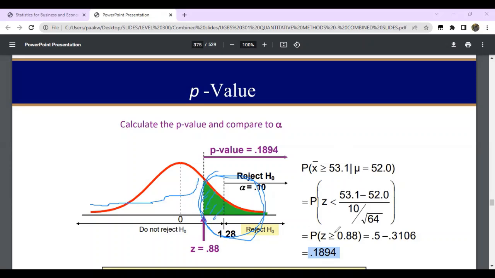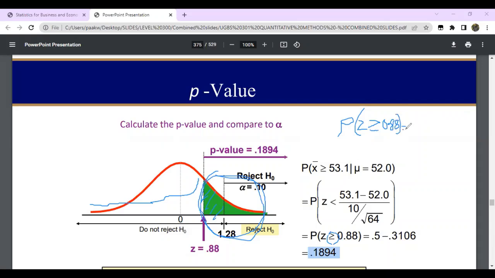So they did it here. So this one, it was z greater than or equal to 0.88. And I'm reminding you that in standard distribution, so if z is greater than or equal to 0.88, you get it.